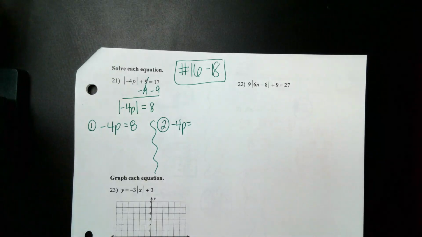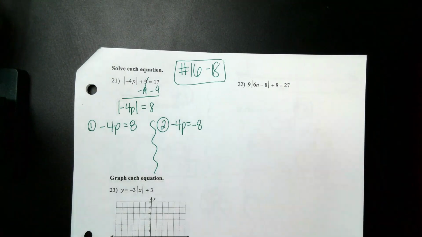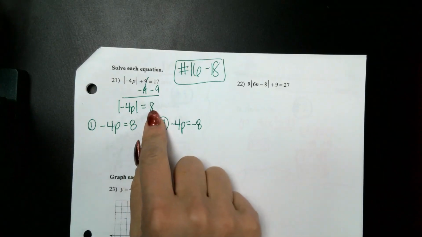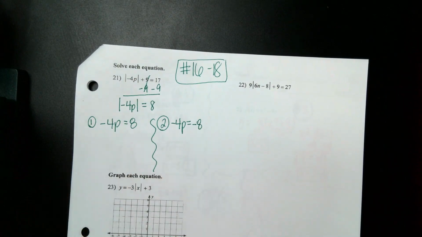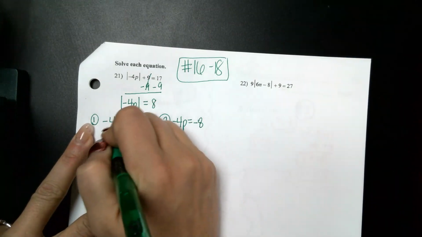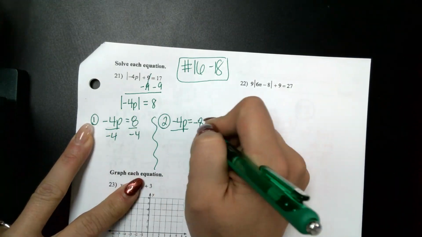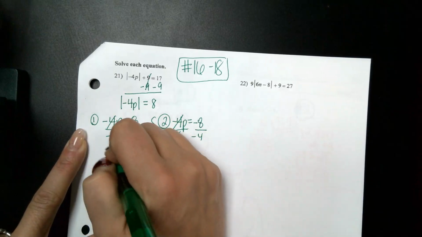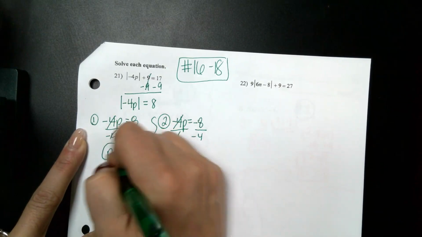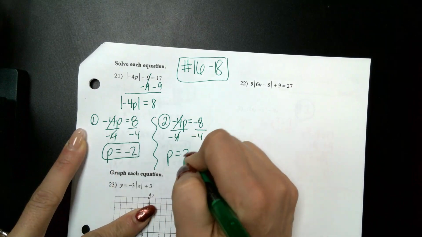What changes is the answer. Yeah, we make this one a negative 8. Because if you think about it, the numbers that have an absolute value of 8 are positive 8 and negative 8. So that's why we set them equal to both. And now you just solve them. Just divide by negative 4. And those are our 2 answers. We get a negative 2 and a positive 2.